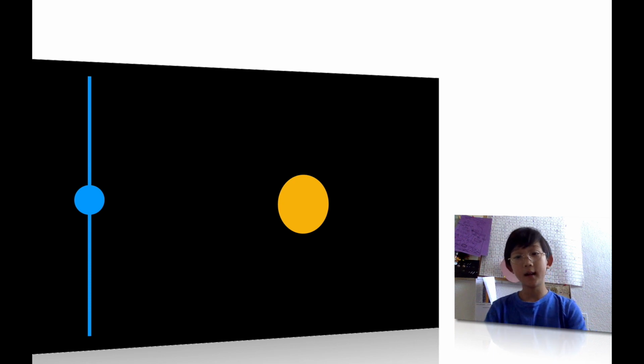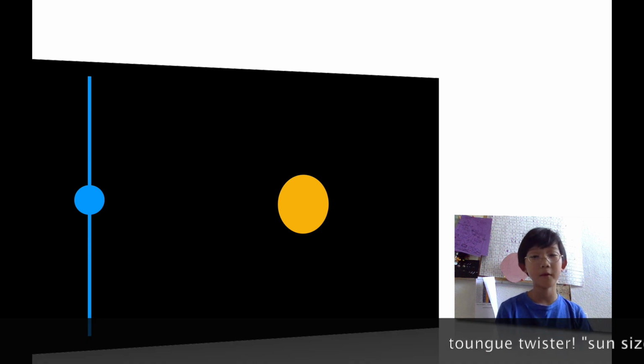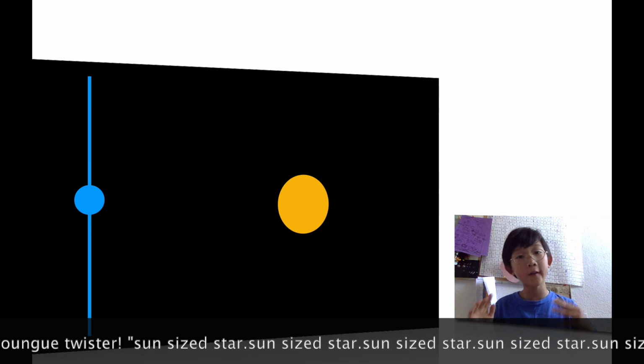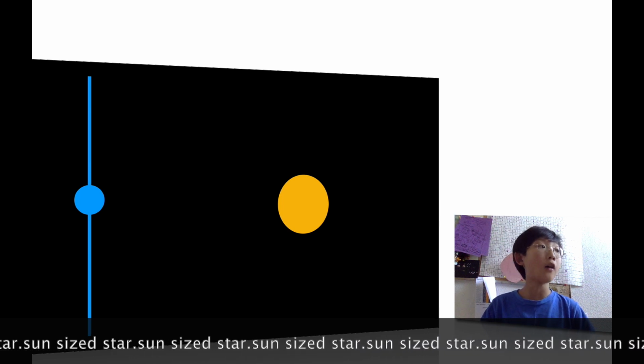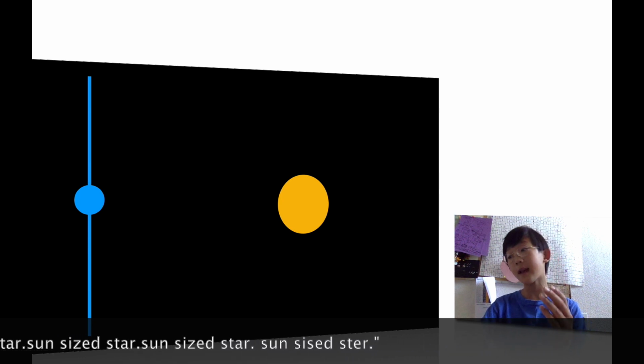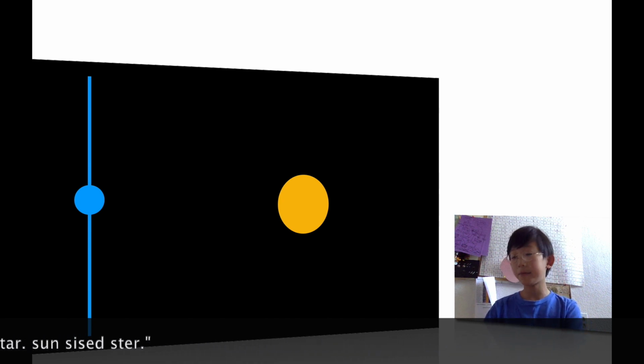So the sun-sized star will go through maybe another 5 billion years, or maybe 10. I don't know. The age of our sun is 4.7 billion years or so, about 5 billion years old. The sun has maybe about another 5 billion years to live, so we don't have to worry about this happening, but this is what will happen.